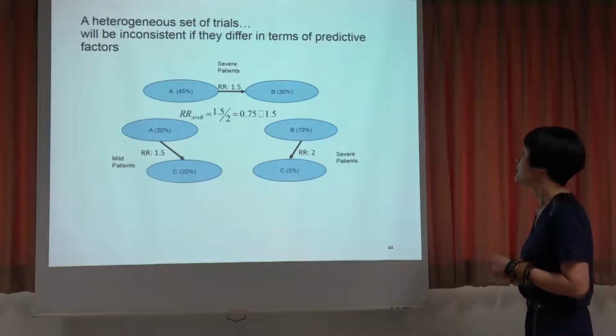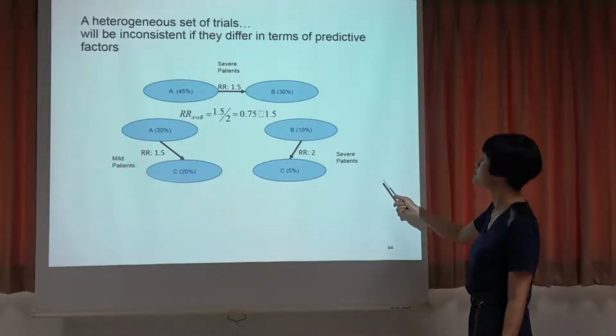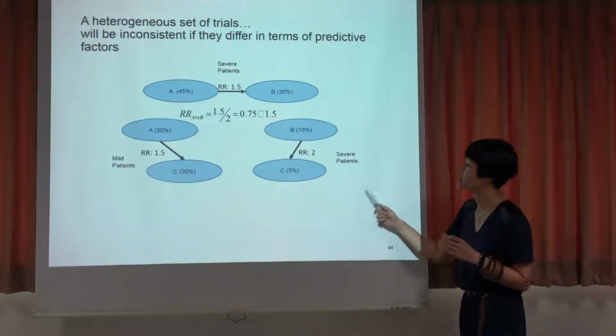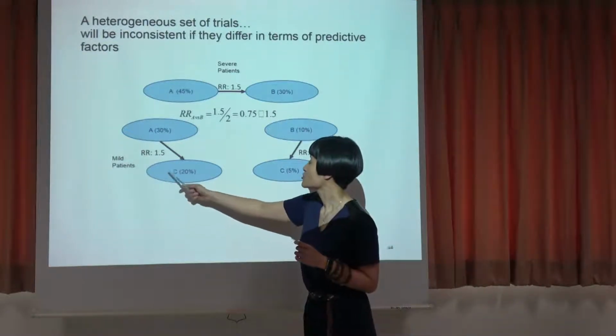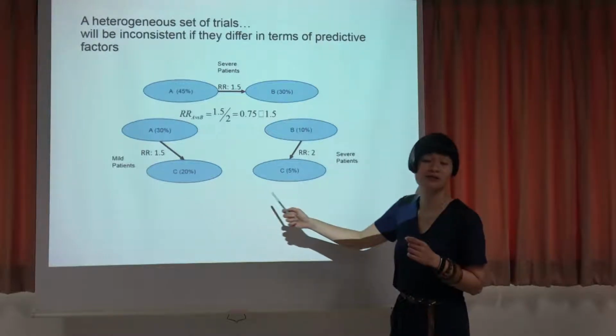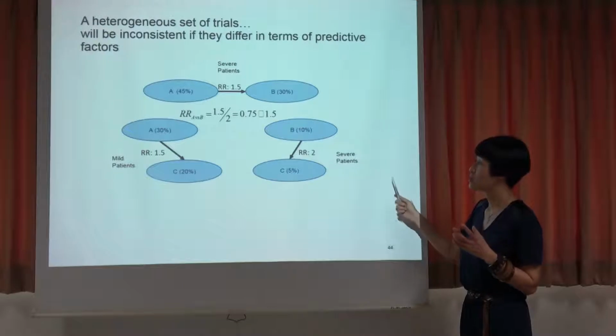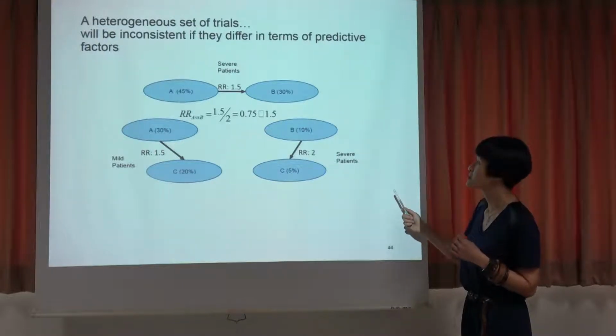But if the severity of disease is predictive, so if mild patients actually have a lower risk, then potentially you're bringing in heterogeneity and it will give you inconsistent results.